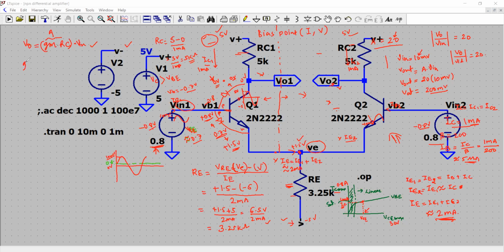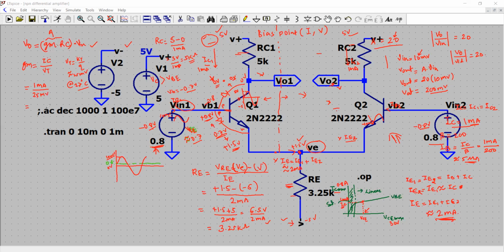And GM value is the DC value of the collector current divided by thermal voltage VT. Here VT is kT by q, which is approximately 25 millivolts at 27 degrees centigrade, that is at room temperature. So we have chosen the value of IC to be 1 milliamp divided by 25 millivolts.